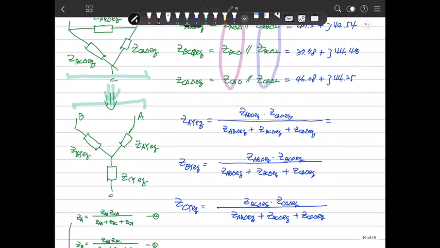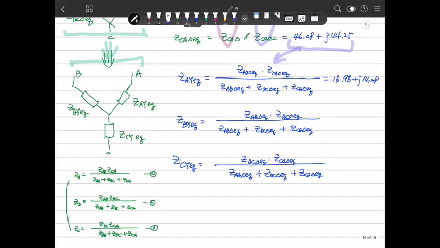Because we already know all the variables from here and apply them here, the result is 169 plus j1428, 1307 plus j1462, and 12.85 plus j1509.